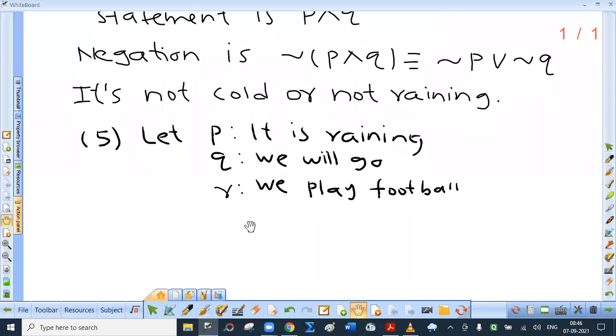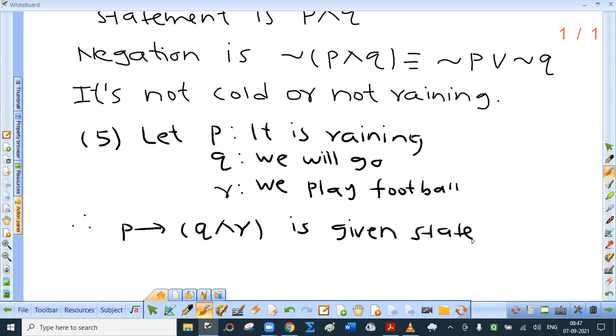So what is the given statement, symbolic form, I mean. Just read the statement again. If it is raining, so P, then means implies, you have to use brackets, Q and R. So this is interesting. This is the given statement. And what is the negation of an implication?